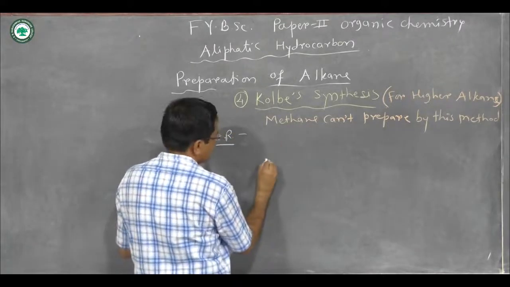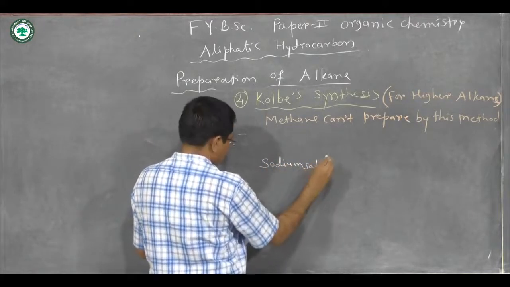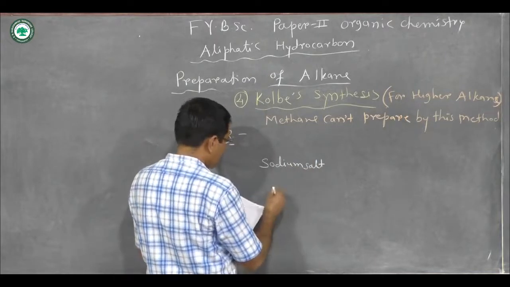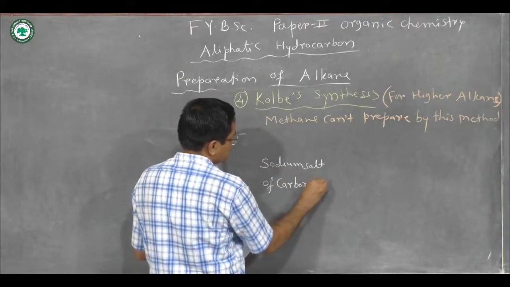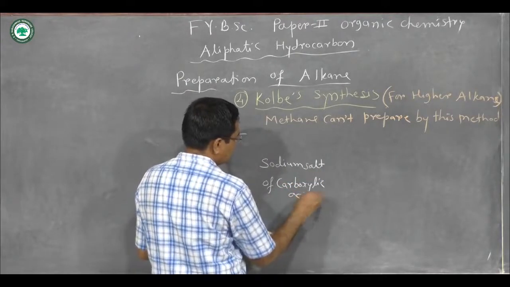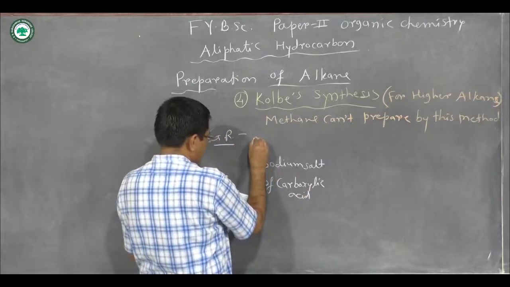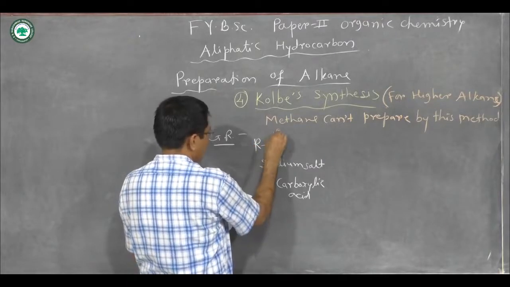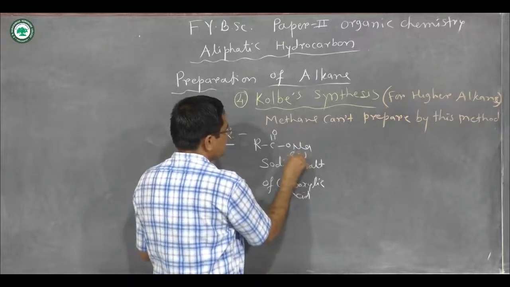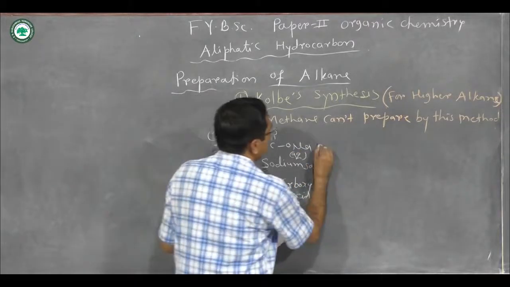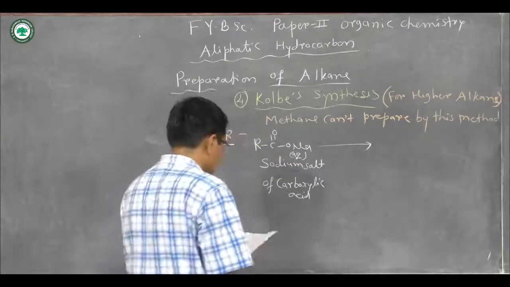Now the general reaction. Here sodium or potassium salt of carboxylic acid is used as a starting material, and when this is subjected to electrolysis, dissociation takes place.